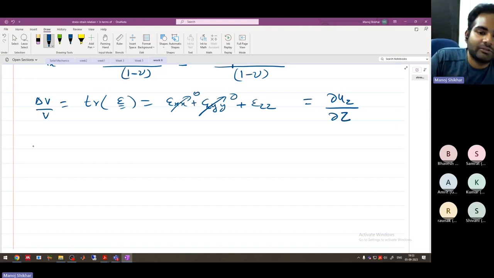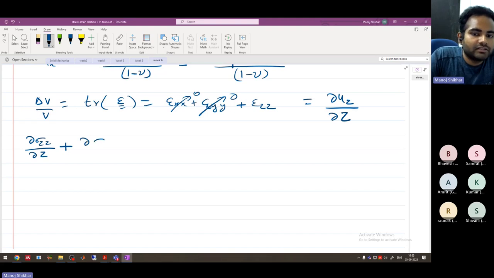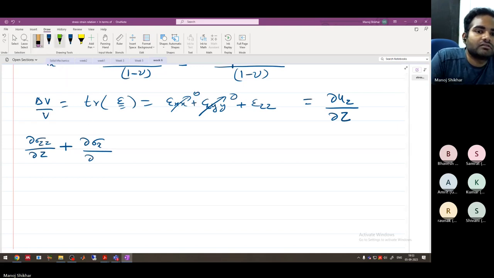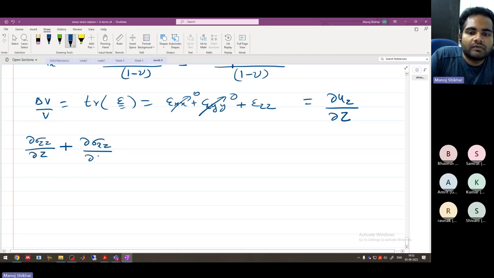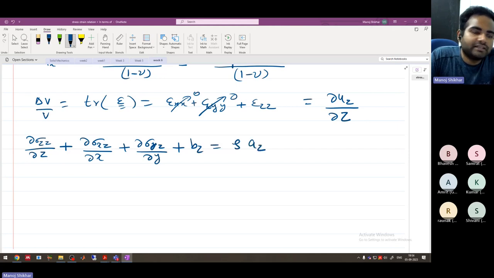So we will use the equilibrium equation. The equilibrium equation in the z direction is what? Del sigma zz by del z plus del tau xz by del x plus del tau yz by del y plus bz is equal to rho times az.